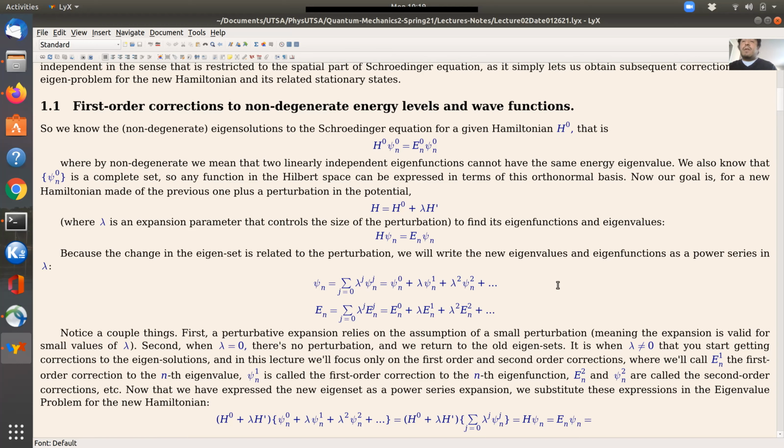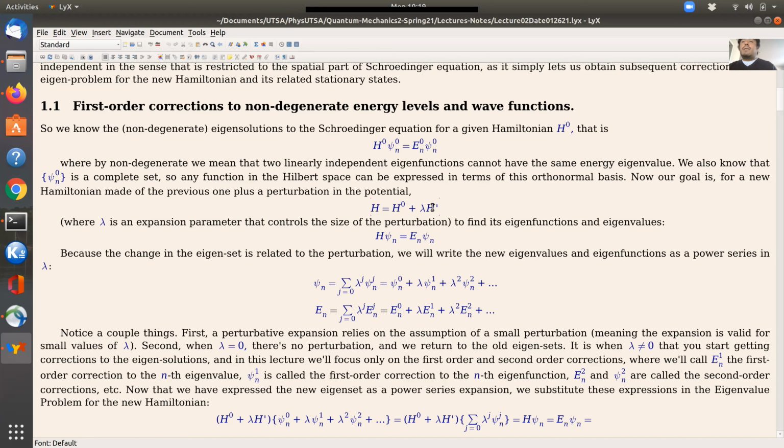Because if you notice, this expansion is in terms of powers of lambda. The lowest order, meaning the power of lambda equal to 0, is actually the old solution of the problem. So in the limit as lambda goes to 0, you have the old Hamiltonian, and you would resort back to the known solution.